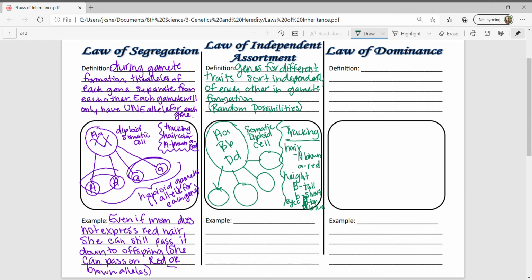So the only two alleles that we can give for hair are dominant and recessive. But we also know that we have dominant and recessive alleles for height. So we could have dominant, recessive, dominant, recessive.